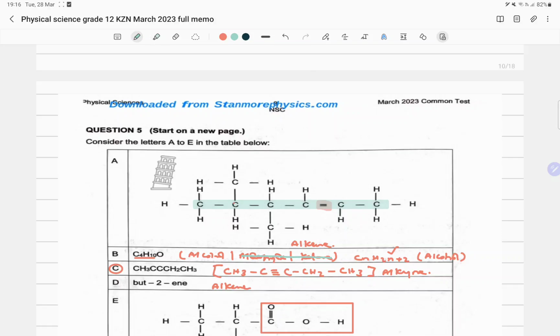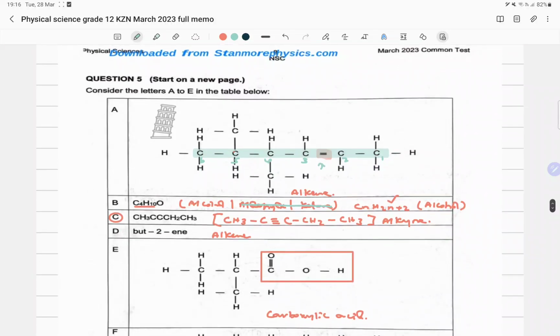So now how do we number the carbons? We prioritize the functional group. The functional group is closest to this end, so this should be carbon 1, 2, 3, 4, 5, 6. Substituents, there may be many, but they don't take precedence over the functional group. Great, so this is now a hex-2-ene.